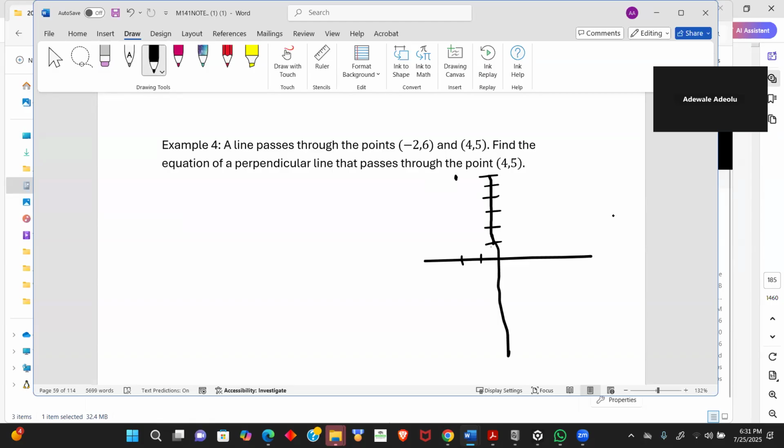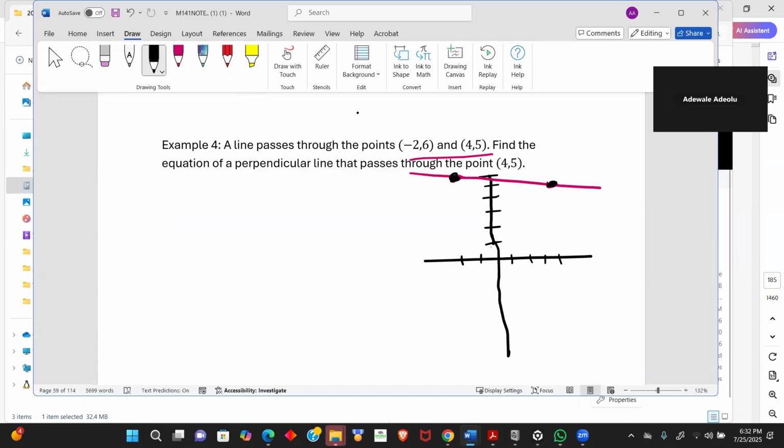So this point, -2, 6. The other one is 4, 5. This seems to be the point. So this is the line. A line passes through these 2 points, this point and this point, right? You don't need to draw it, I'm just showing you.